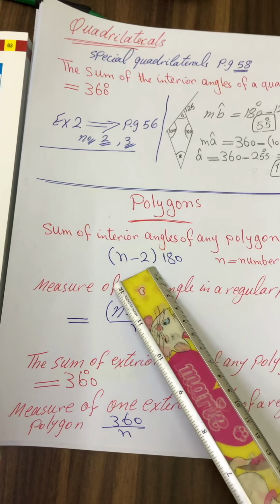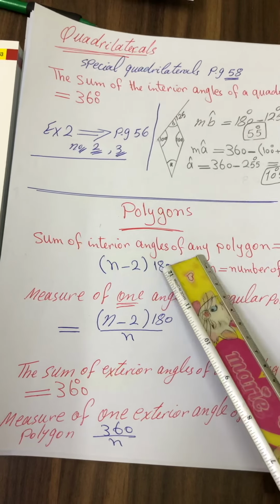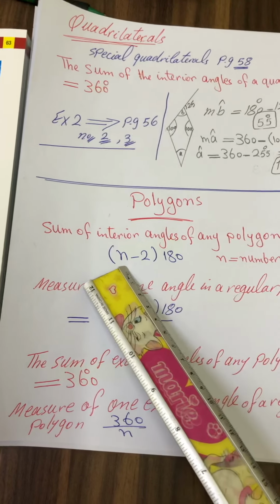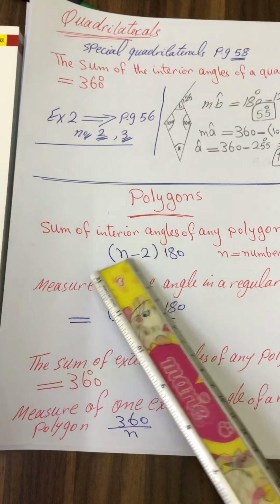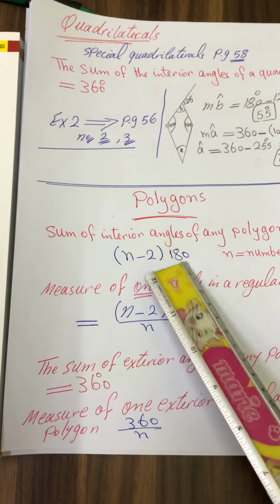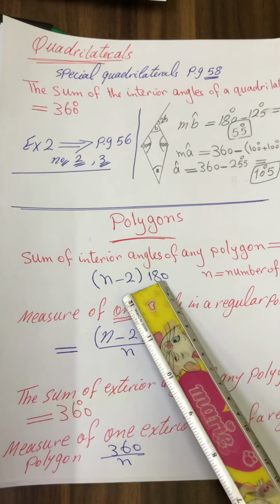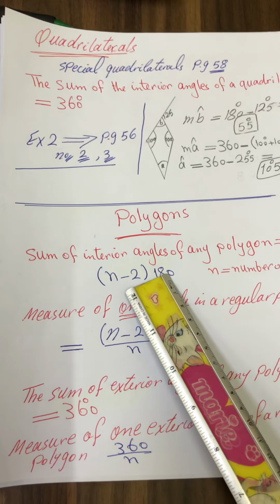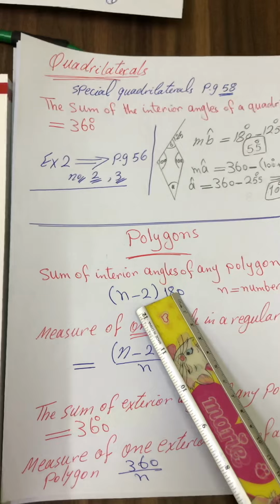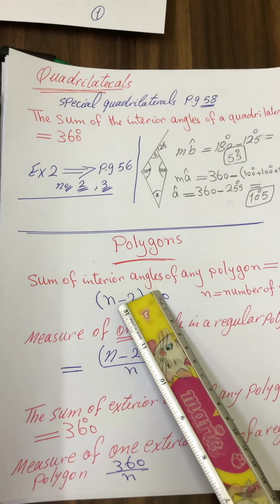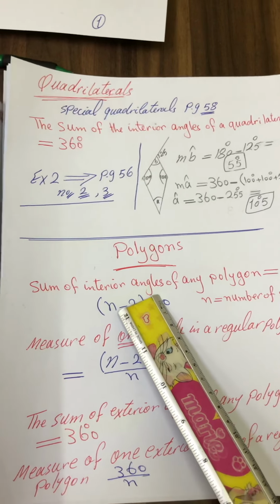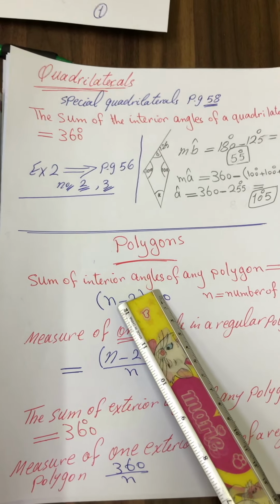To find the sum of the interior angles of this hexagon, I substitute by putting 6. So 6 minus 2 equals 4. 4 multiplied by 180 equals 720, as I solved it with you in class. So consider I have a hexagon, the sum of the interior angles equals 720.